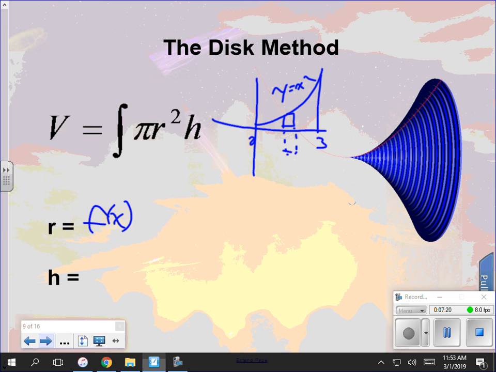Okay. Our height of our disk, the width of the disk. Our height is the distance here from the beginning to the end. It's going from one x coordinate to the next x coordinate. In other words, our change of x. In other words, our delta x. In other words, dx.